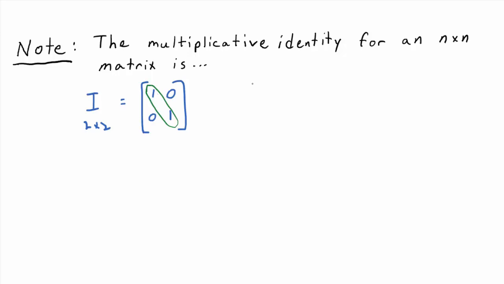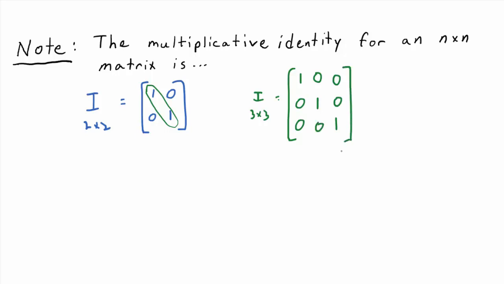And then if it's 3 by 3, you're going to have a diagonal with 3 entries and zeros off that main diagonal of ones. And then in general, if it's n by n, you just keep going.